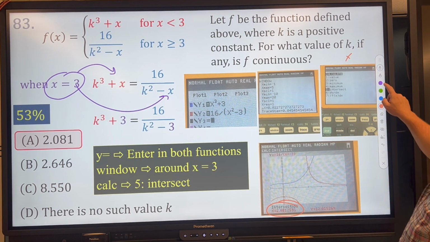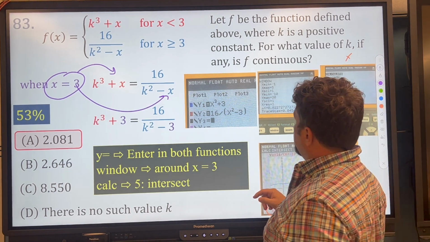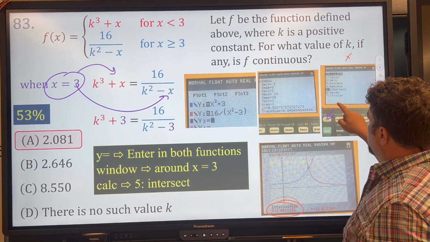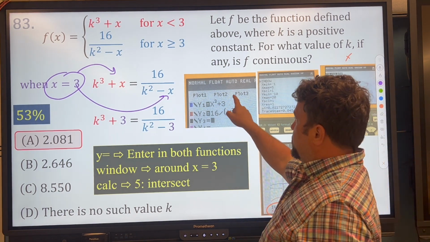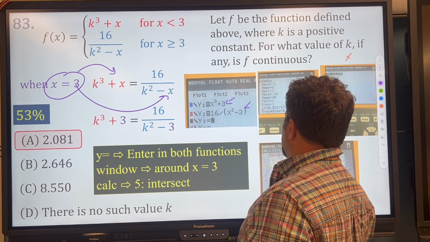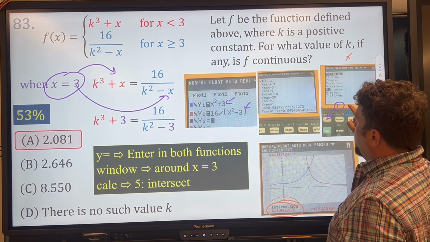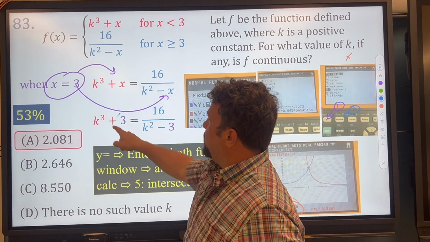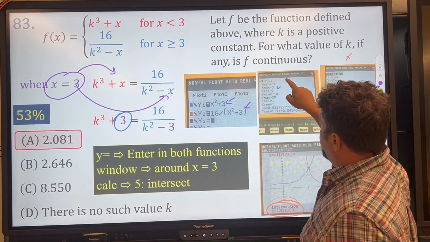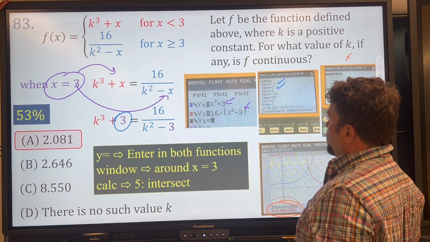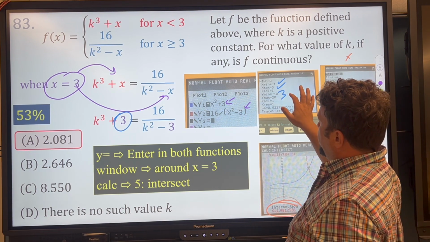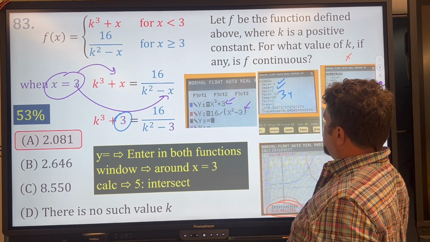All right, so once again, the way to use your calculator is you're going to hit the y equals button first. That brings you to this screen. You type in both your equations. Then you go to your window button. Since our x is around 3, that's why I went a little bit above 3, a little bit below 3. And then I just tried to pick a big window for the y's to make sure they were in there.